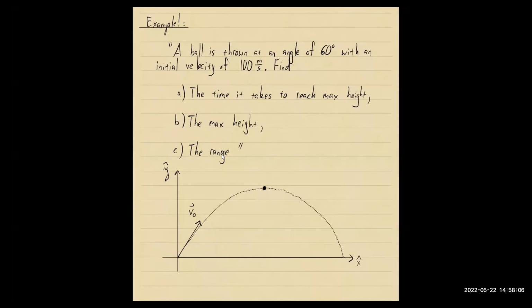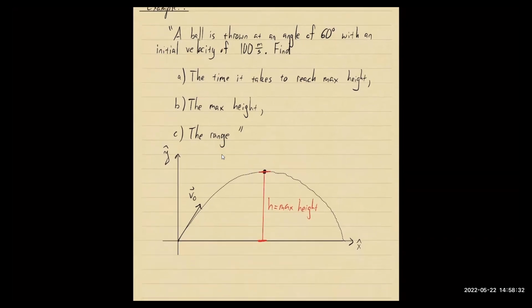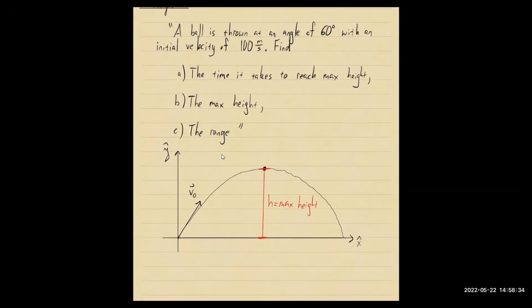I just want to point out, let's switch over here, that the max height is the height here. Let's call this max height h. And like the name implies, it is the maximum height that this object reaches. Furthermore, the range is how far the object goes.